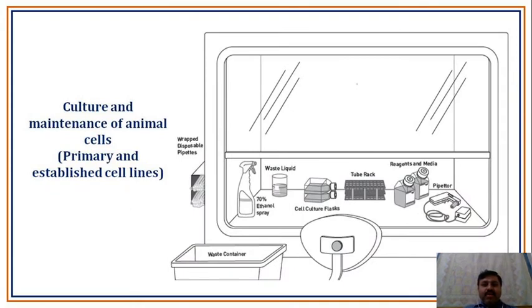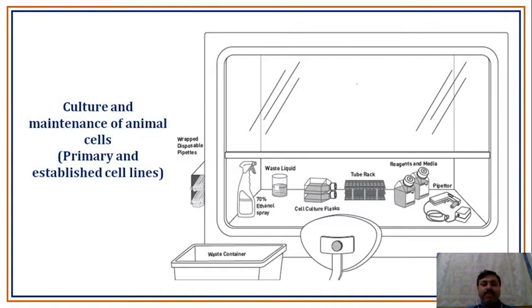And this is a simple setup of a laboratory, shared by Invitrogen, which is one of the famous companies, which has shared this simple, self-explanatory picture in their portfolio. If you see here, one could very clearly see that this is a laminar hood, and what all things you should have within a laminar flow: 70% ethanol for the sterilization or decontamination process, your cell culture flasks, a tube rack, your reagents and media, and an electronic pipette.